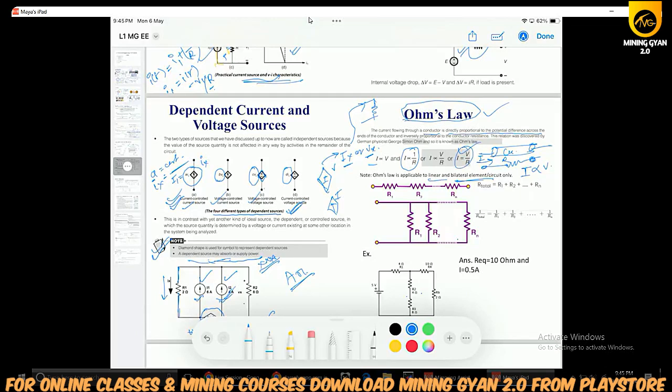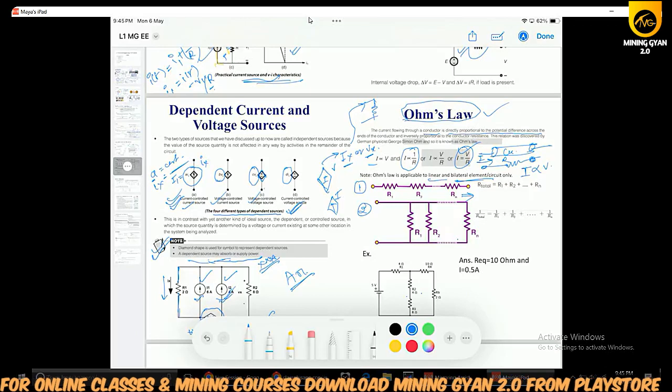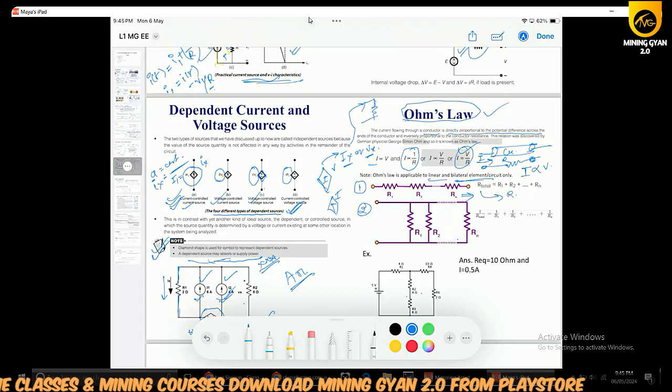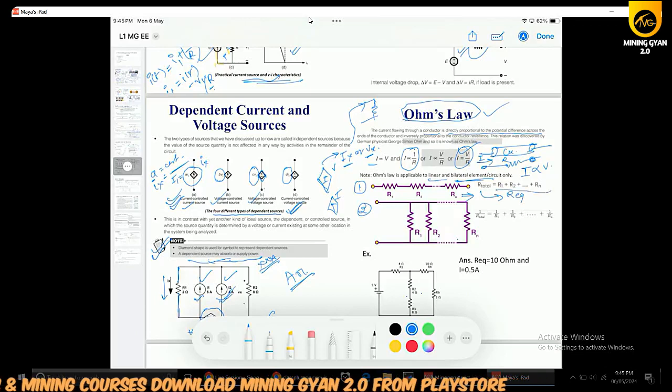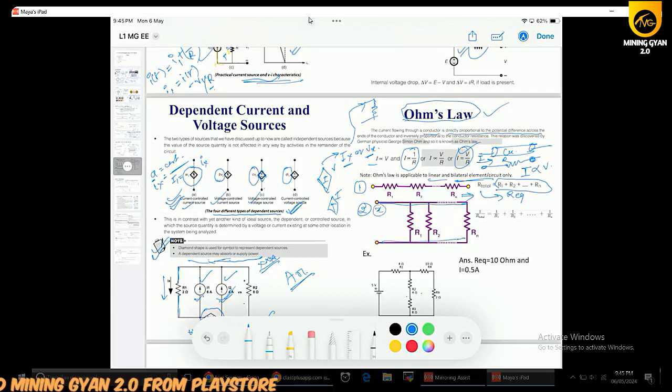Here you can see two different configurations, first and second. This is called a series network, in which many resistances are connected in series, and you can calculate the R total or R equivalent as the summation of these resistances. But in case of a parallel connection, this is node X and this is node Y, and all these resistors are connected through the same points. These are called parallel connected resistive elements.